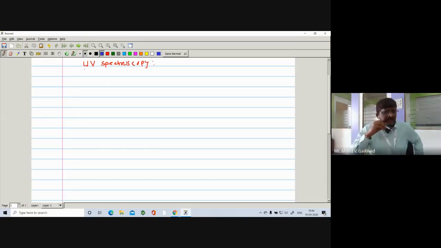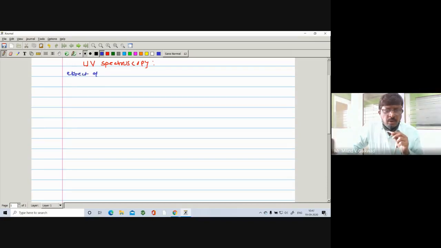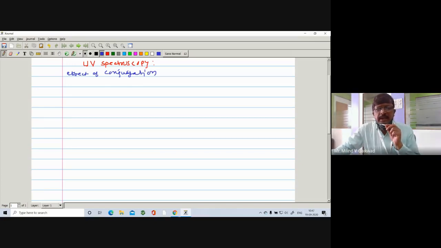Now let us see what is the effect of conjugation on UV spectra. So what is the effect of conjugation on the UV spectra?